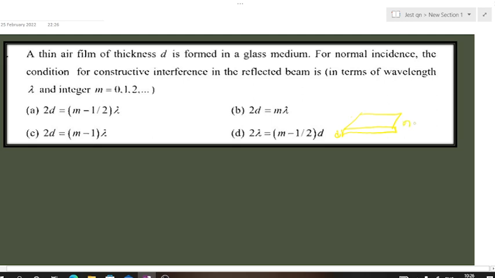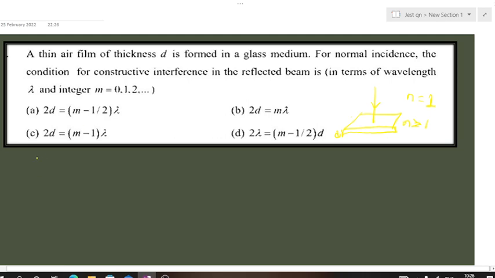This is the glass medium, refractive index should be greater than 1. Here this is air, refractive index 1. For normal incidence, we have to find the condition for the constructive interference.